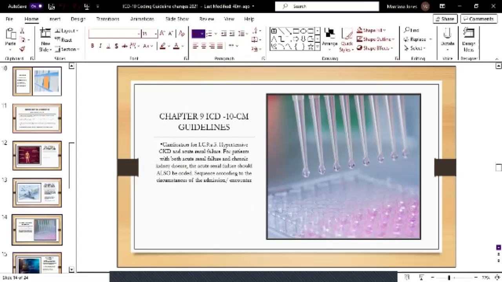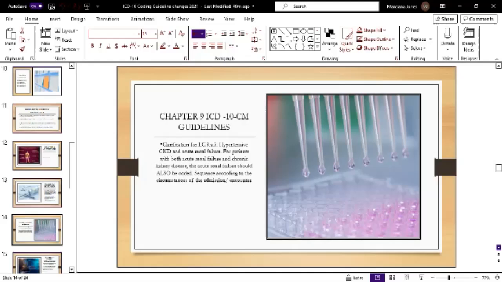Chapter 9, ICD-10 guidelines. Clarification for I.C.9.a.3, hypertension, CKD, and acute renal failure. For patients with both acute renal failure, which is N17.9, and chronic kidney disease, which is N18.9, if unspecified, the acute renal failure should also be coded because sometimes it's confusing. And then you sequence according to the circumstance of the admission and the encounter.